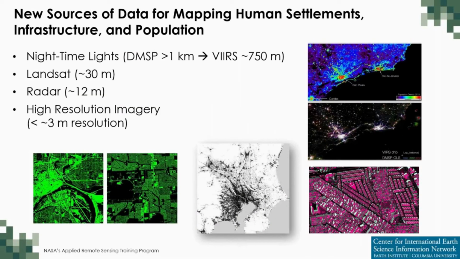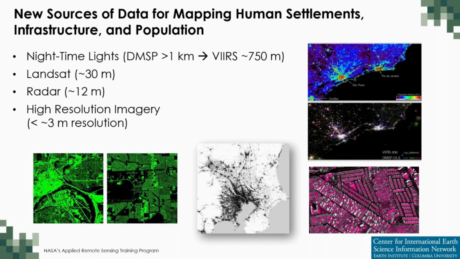In parallel with improving mapping of population with GPW, just using better census and boundary data, many groups began thinking about how to model population, and I think this has been discussed more extensively in the previous training session. But just to summarize, from the remote sensing viewpoint, there are a number of data sets that have emerged over the years that have been used to improve the mapping of settlements, of infrastructure and population.